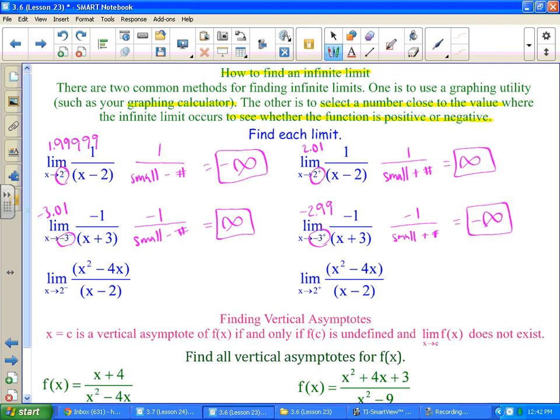All right, let's look at the next one here. 2 from the left. What number could I put for that? 1.9, this type of number here. So the numerator is going to be really close to what number? If I plug 2 in, what do I get?